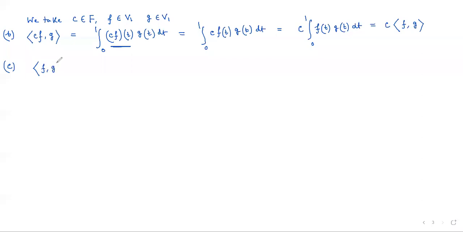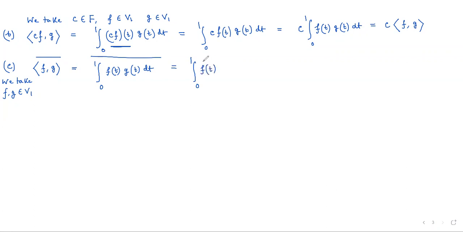Complex conjugation of this inner product of f and g. We take f, g from V1. We write the integration from 0 to 1 of f(t) g(t) dt, put a bar over it, and that is equal to the integration from 0 to 1 of f(t) bar times g(t) bar dt.